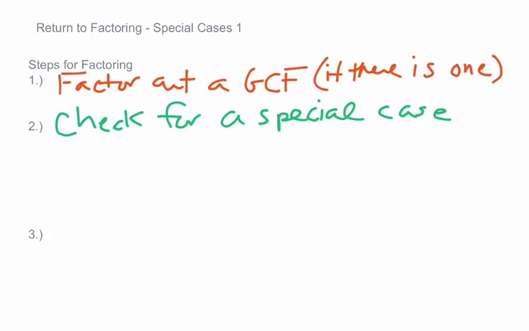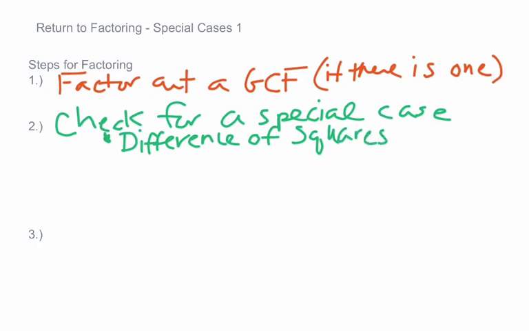Up until this point, we've only had one special case, and that was the difference of squares. Just to refresh your memory, that's a squared minus b squared. Difference, of course, means subtraction, and what you're subtracting are two perfect squares, and those always factor into conjugates.